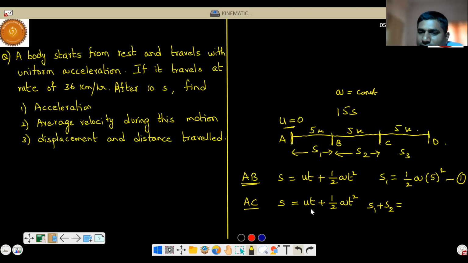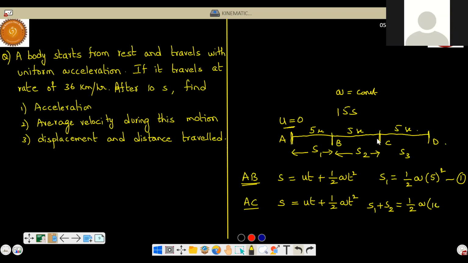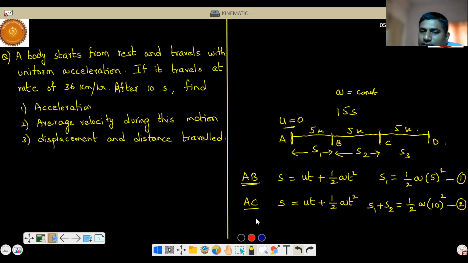Is equal to, now the initial velocity at A is 0. So 0 plus half into a, acceleration is constant, into what is the time taken from A to C? 10 seconds, sir. Very good. So this is equation 2. Same way, again we should not take the interval CD because we don't know anything apart from time.